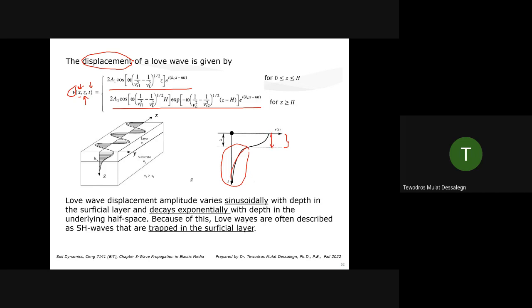Because of this, Love waves are often described as SH waves that are trapped in the superficial layer. We call it SH because its plane of propagation is horizontal, and it's a trapped wave. If you have a continuous, uniform, homogeneous system, you don't get a Love wave. For a Love wave, you need to have a softer superficial layer underlain by a deeper, high velocity layer, something like a rock.